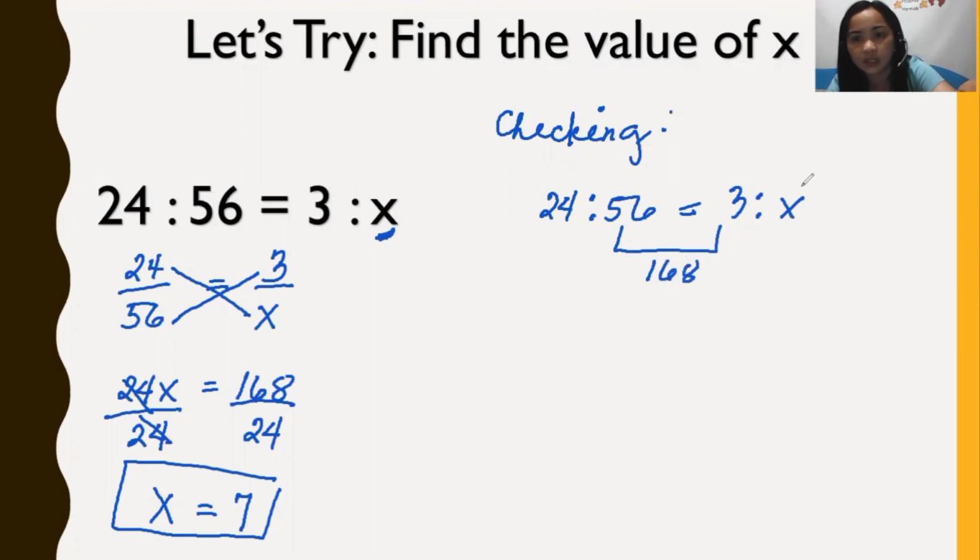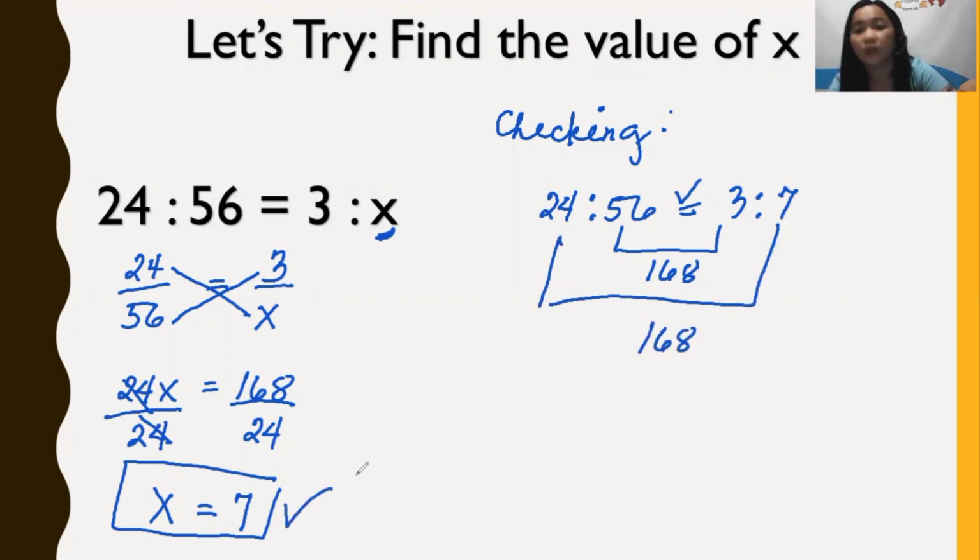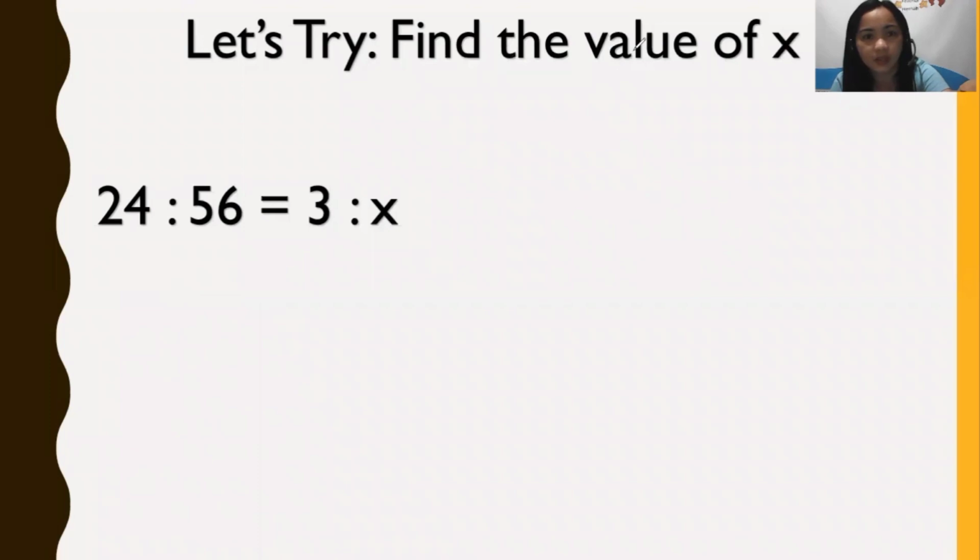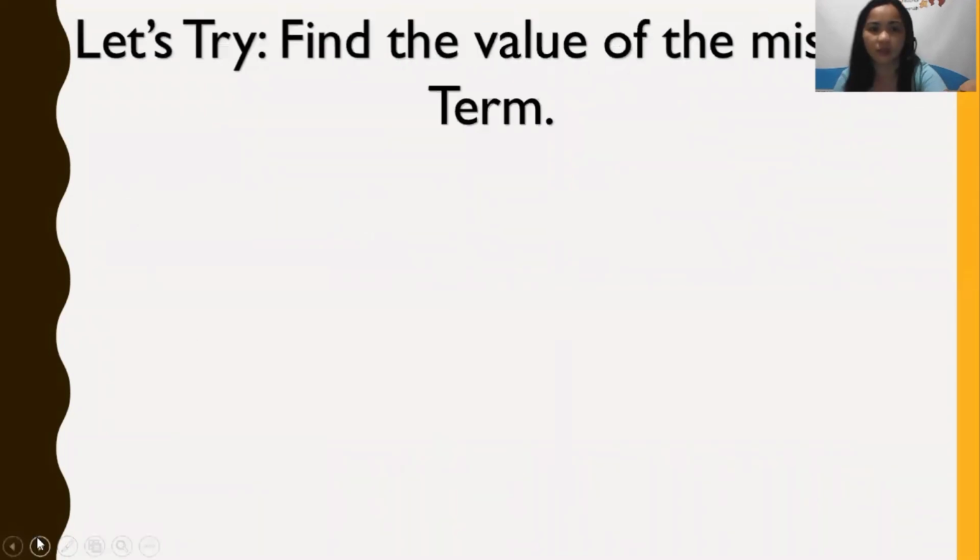Yung x natin kanina, palitan na natin. Papalitan natin ng 7. So we have 7 times 24 is also 168. Therefore, your answer is correct. The value of x is 7. Now, let's proceed to the next example.